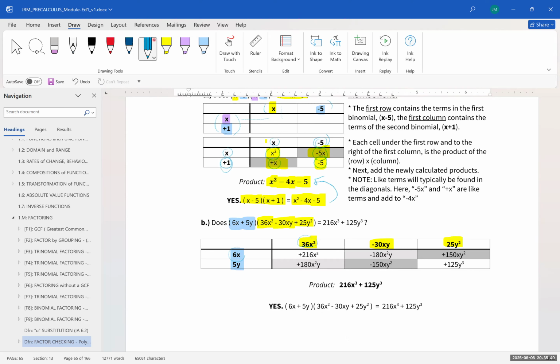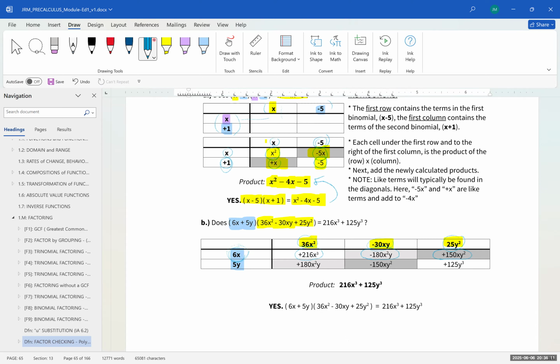And now what you do is you just multiply column with row. So 36x squared times 6x gives us 216x cubed. Minus 30xy times 6x gives us negative 180x squared y. And 25y squared times 6x gives us 150xy squared.